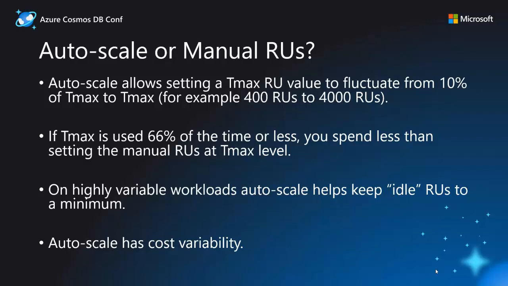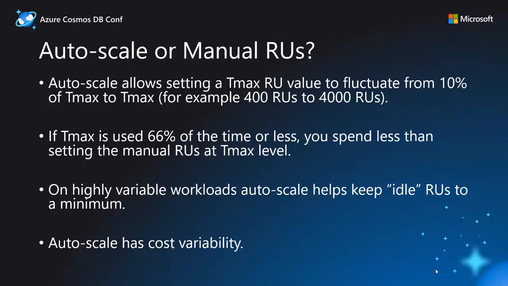Or it would be to have, again, a database where you have lots of containers trying to share those RUs, which also gets harder to manage and make sure that you don't run out. So on highly variable workloads, autoscale helps keep idle request units to a minimum. You're using less unused capacity as your workload changes.